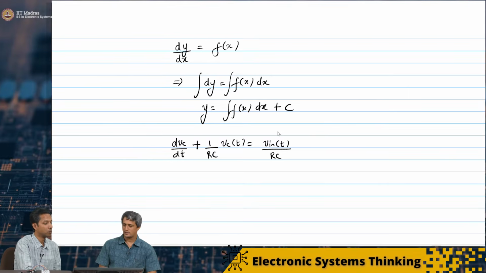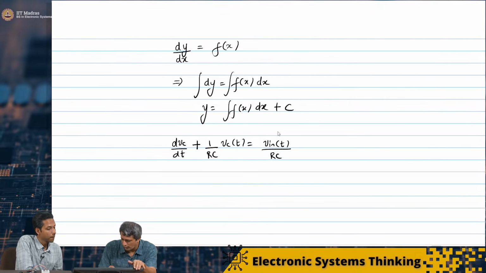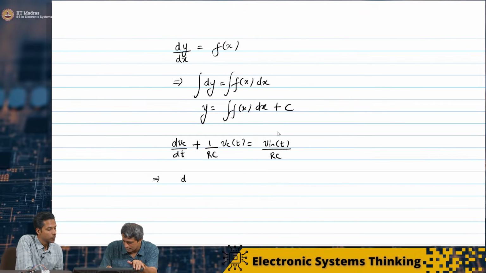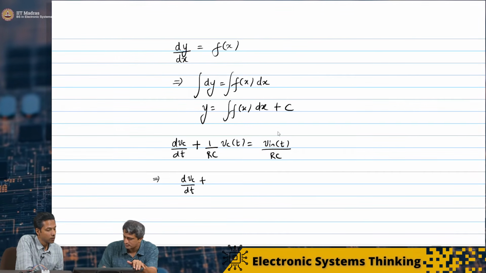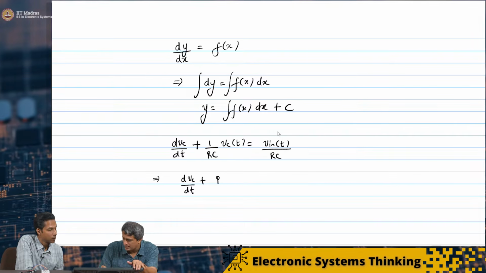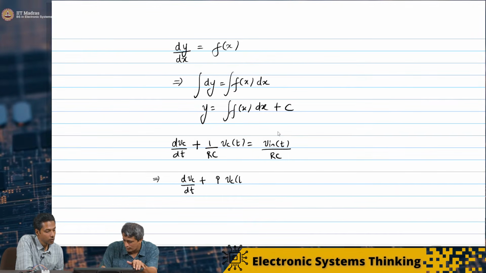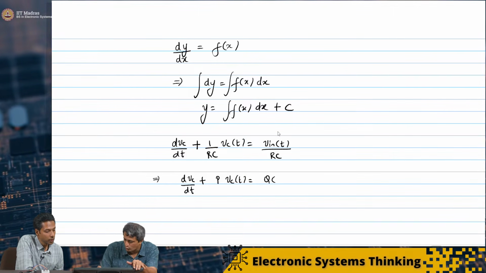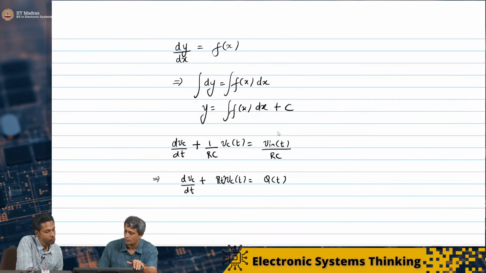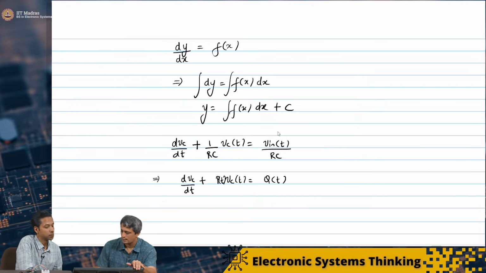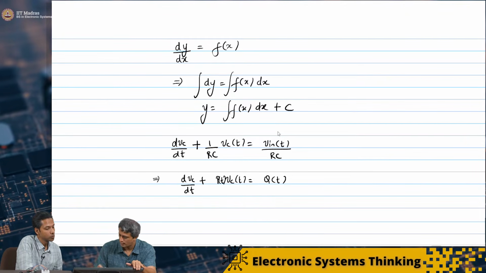This is what we have. I will therefore rewrite this as dVc by dt plus p times Vc of t equal to q of t. Both p and q are functions of t. So now how do I do this?